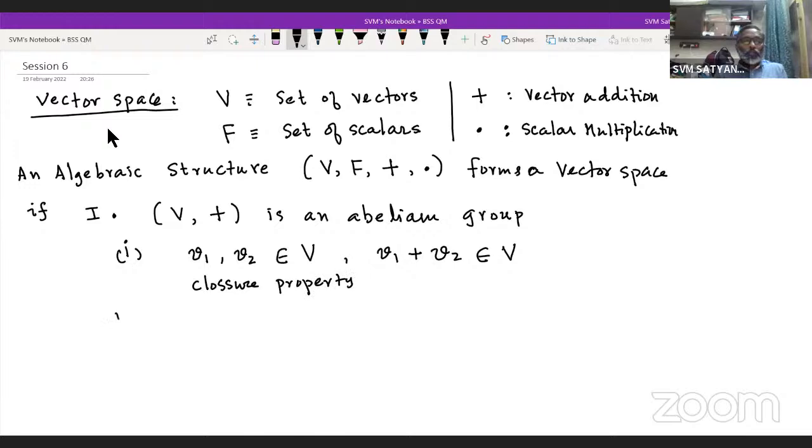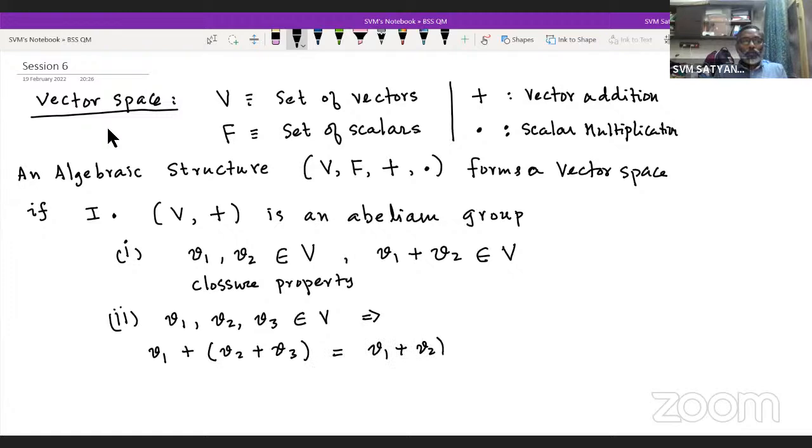And the second property is, if you have three vectors v1, v2, v3 in V, then v1 plus v2 plus v3 should be the same as v1 plus v2, and that resultant vector is added to v3.